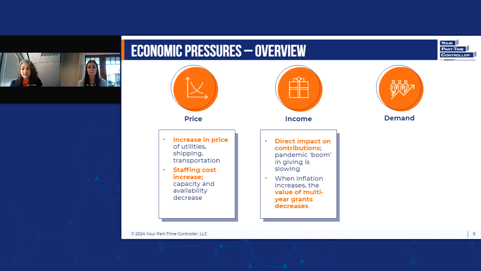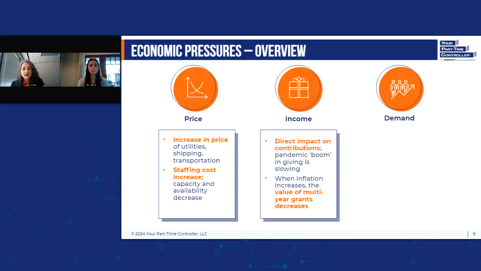We can expect these impacts to increase as the inflation impact continues throughout our entire economy and begins to affect donors more and more. So this can affect not just your amount of contributions, but also the size of those contributions and the frequency of those contributions. And that's something that we saw from the Giving USA reports.